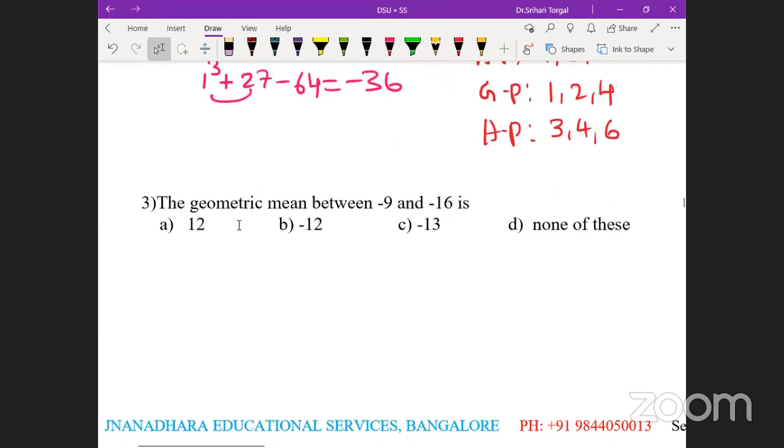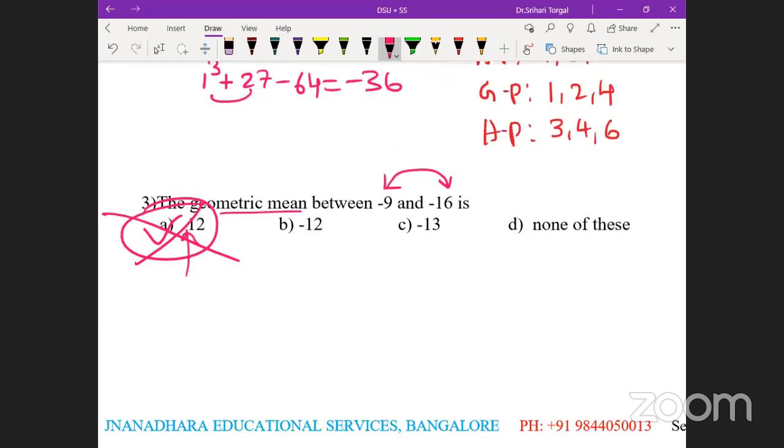Now, the geometric mean between minus 9 and minus 16. Many of them are telling that it is option A, which is wrong. Always think that the geometric mean will lie in between -9 and -16.